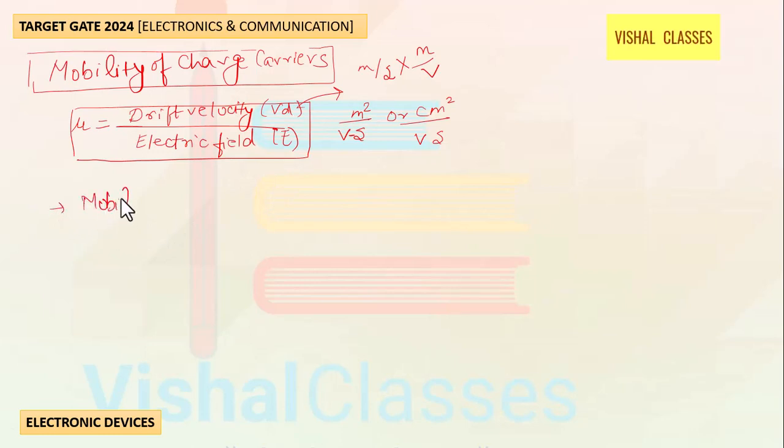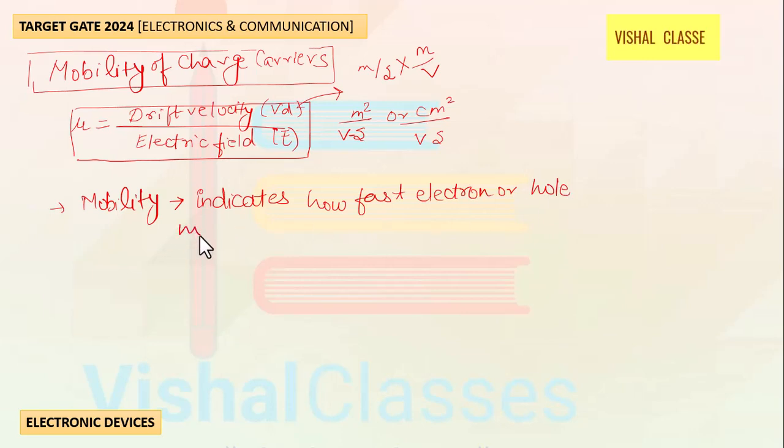What is the significance of mobility? It indicates how fast an electron or hole is moving from one place to another.